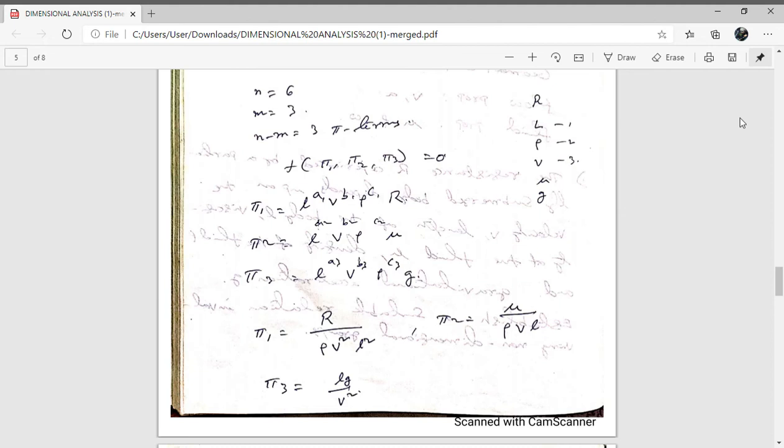Repeating variables means one variable should consist of geometry. Geometry means length represents geometry, velocity represents flow property, and density represents fluid property.